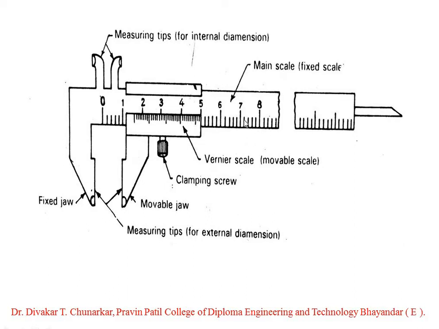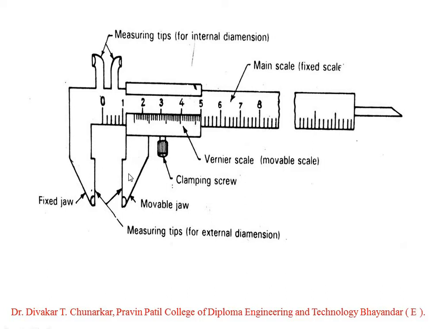This is the main scale, and the range of the main scale is 12.5 centimeter. Here, this is the measuring tip or jaw. This is the upper jaw and this is the lower jaw.